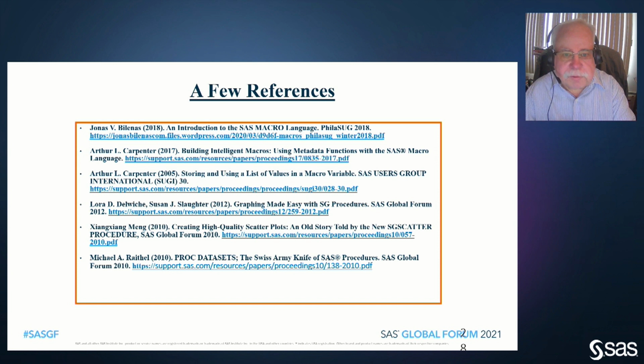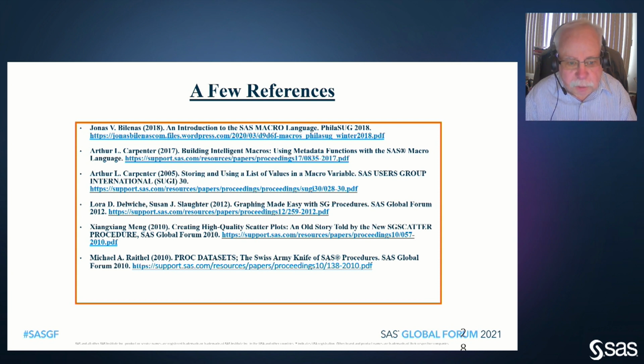And there are some nice references we can look at. The first one, which I have to update, was one I made at the Philadelphia SAS User Group meeting in 2018. And I think that first example was in that presentation. Now, Art Carpenter is a great guy for learning a lot about macros. I forgot to include his SAS Press book in here, but if it's still available, you should get it.